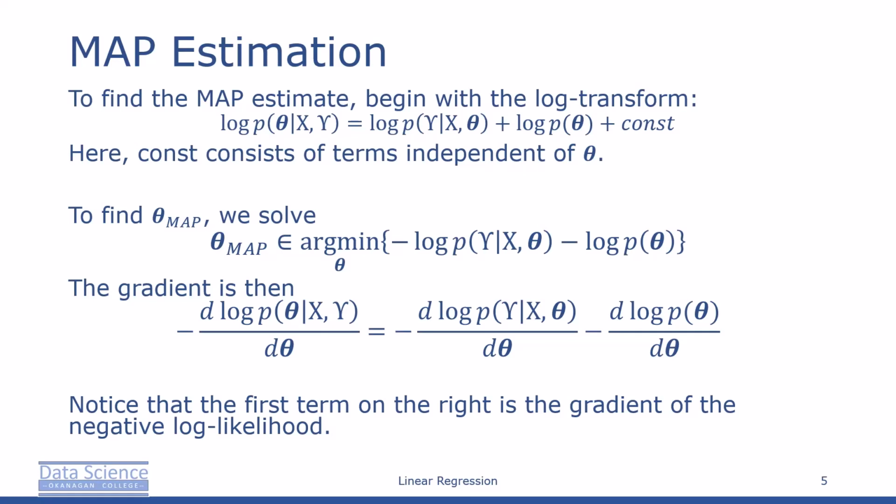We can then evaluate the gradient, which is negative the derivative of log P of theta given X and Y with respect to theta, which is equal to negative the derivative of log P of Y given X and theta with respect to theta minus the derivative of log P of theta with respect to theta. Notice also that the first term on the right side is the gradient of the negative log likelihood.